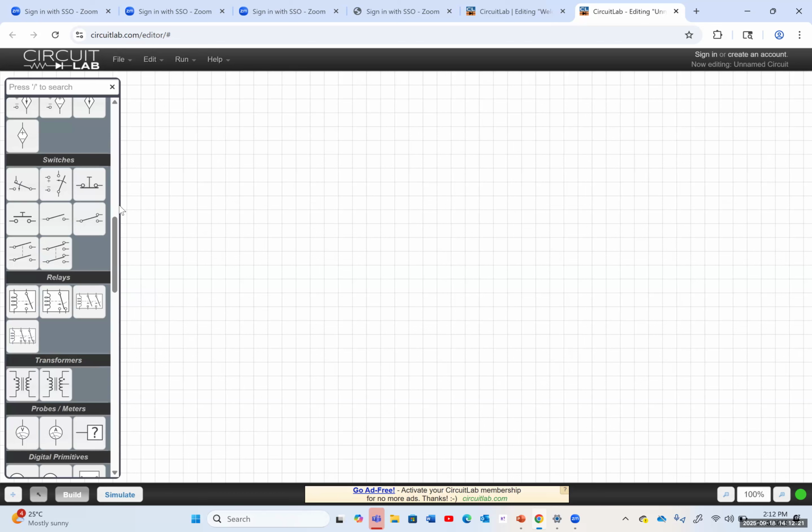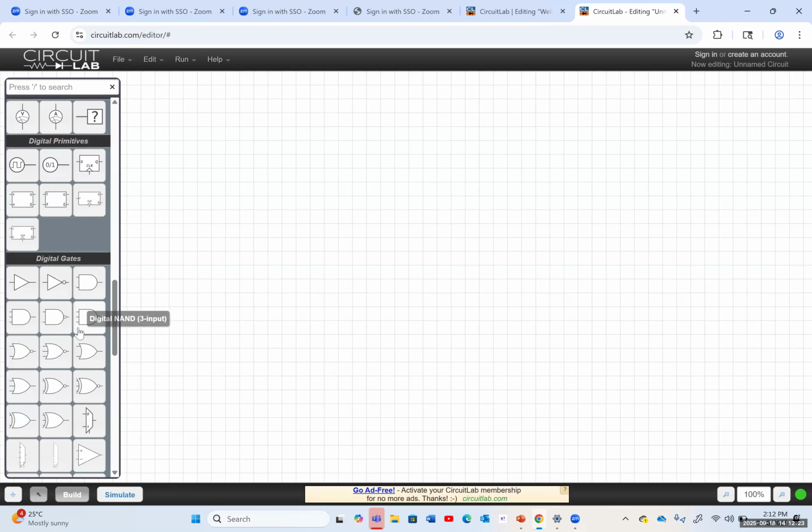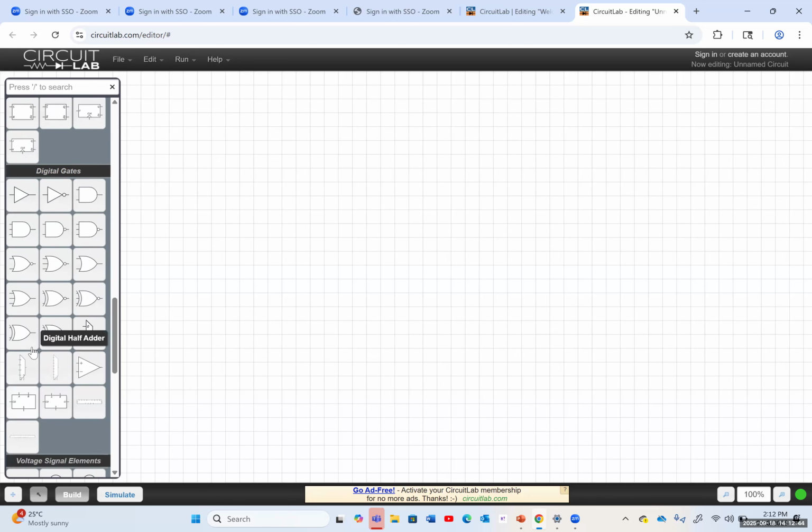What we need in this class is down here, we have the digital logic gates: the buffer, NOT, AND, 3-input AND, NAND gate, 3-input NAND gate, the NOR gate, the OR gate, 3-input NOR gate, 3-input OR gate, the XNOR gate, the 3-input XNOR gate, and the counter and so on.